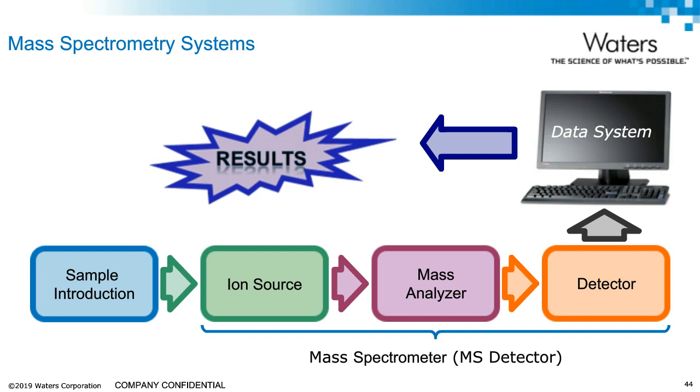Now, the mass spectrometer itself consists of the ion source, where the analyte is converted into gas phase ions, the mass analyzer, which we've just discussed, where the ions are separated by their mass-to-charge ratio, and now the detector, where the different mass-to-charge ratio ions are detected individually.